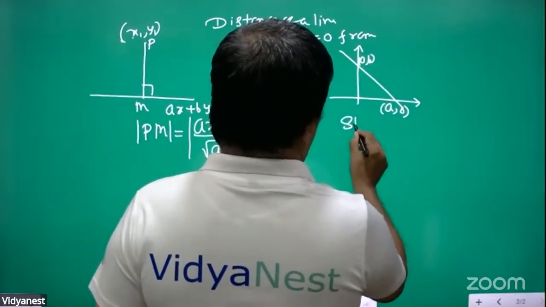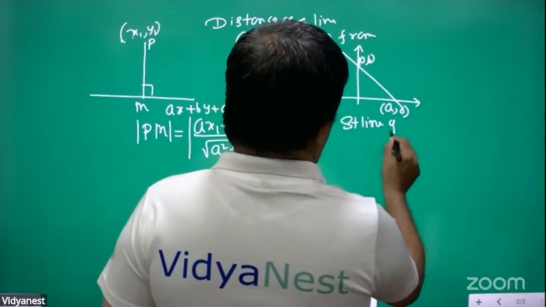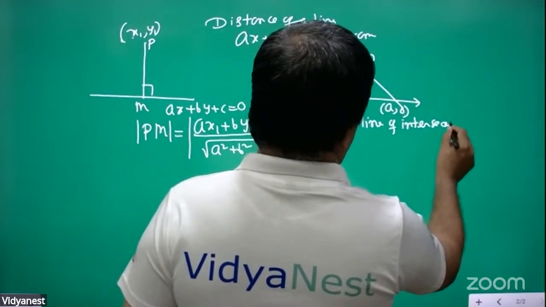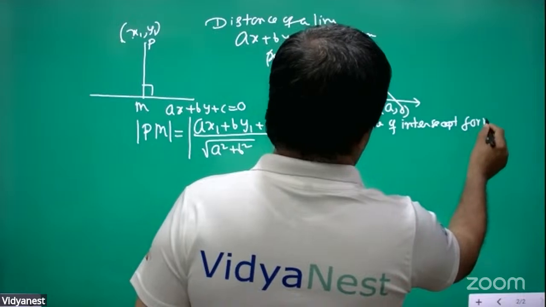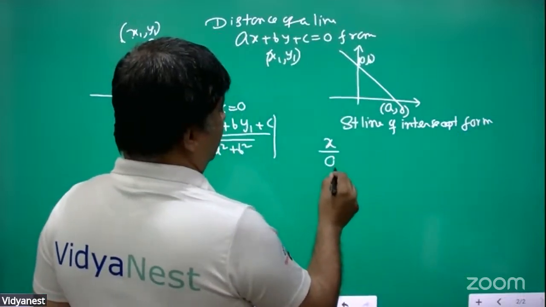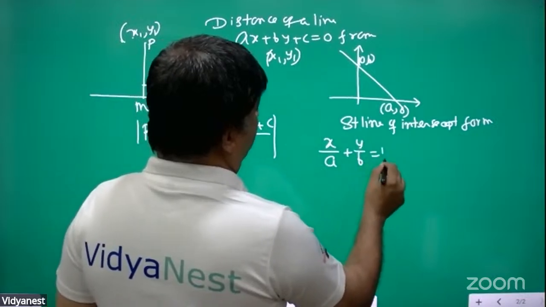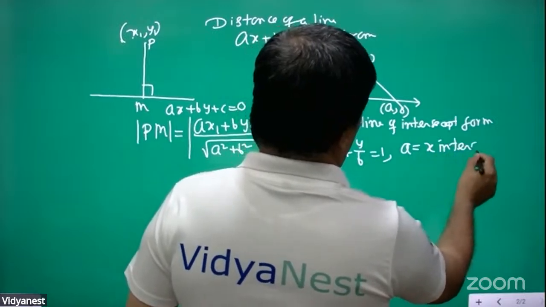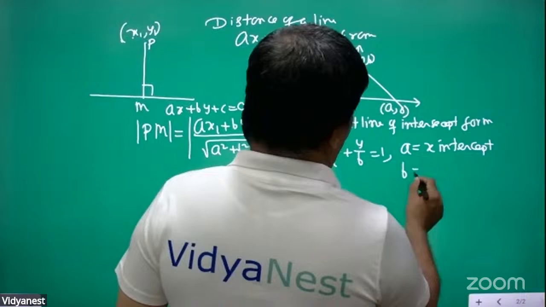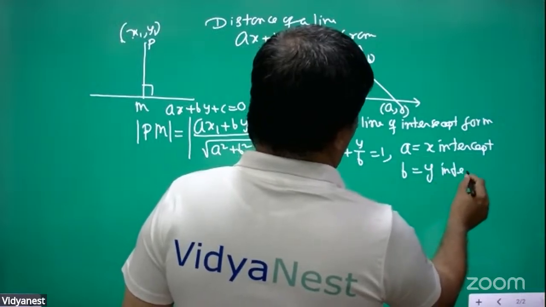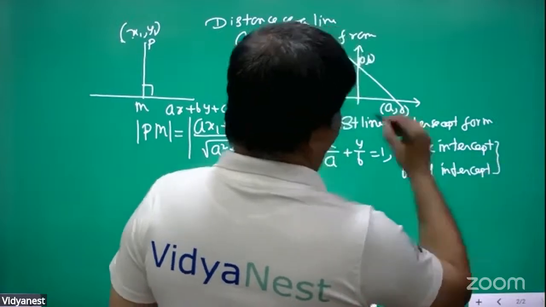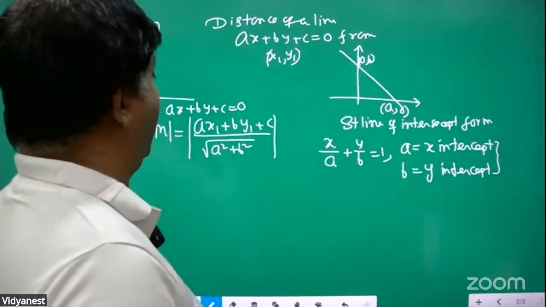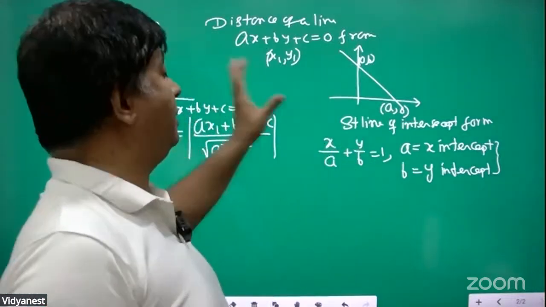So straight line of intercept form x by a plus y by b is equal to 1, where a is equal to x intercept, b is equal to y intercept. So at the end of last class, we had discussed this topic.